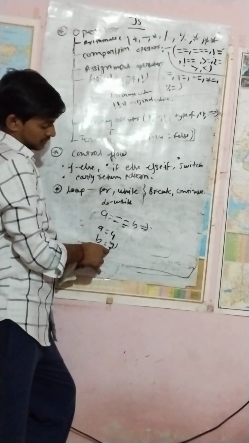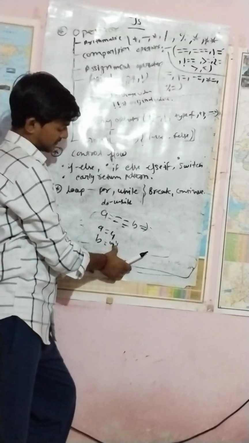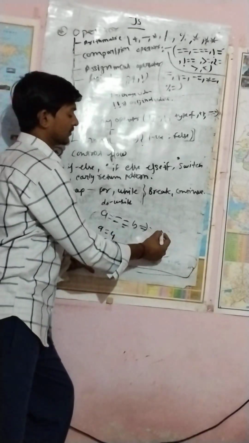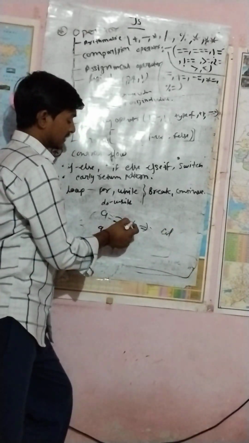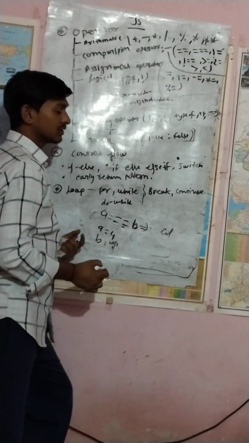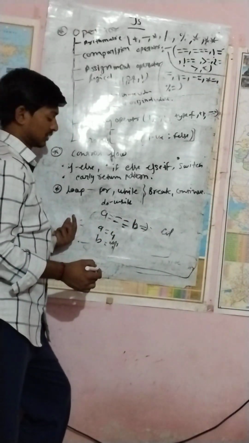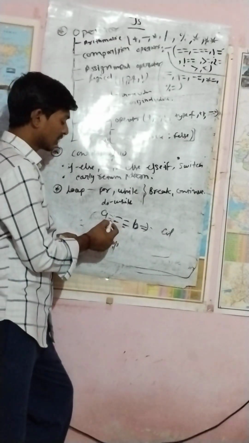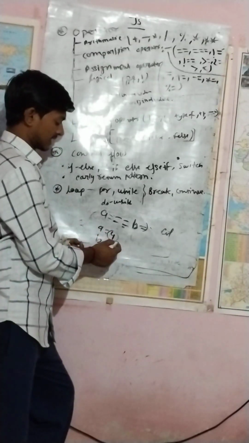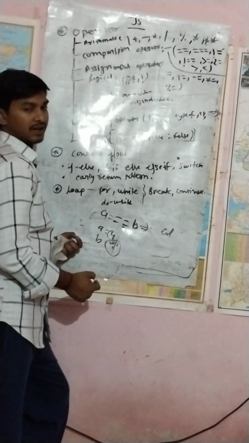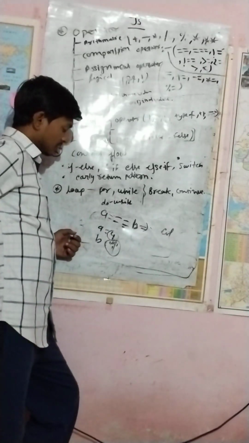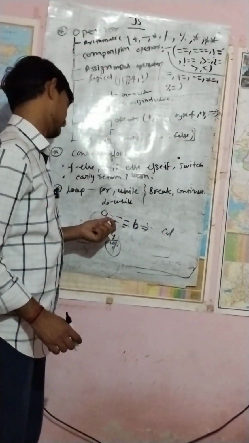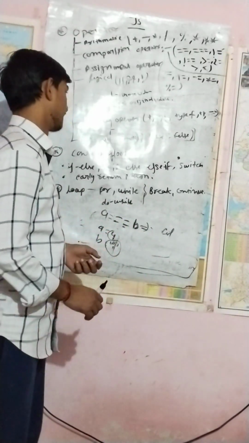If we apply the same thing here, it will give us false, because it also checks the data type of the variables you are comparing. Here one is an integer and the other is a string, so it checks both data type and value.